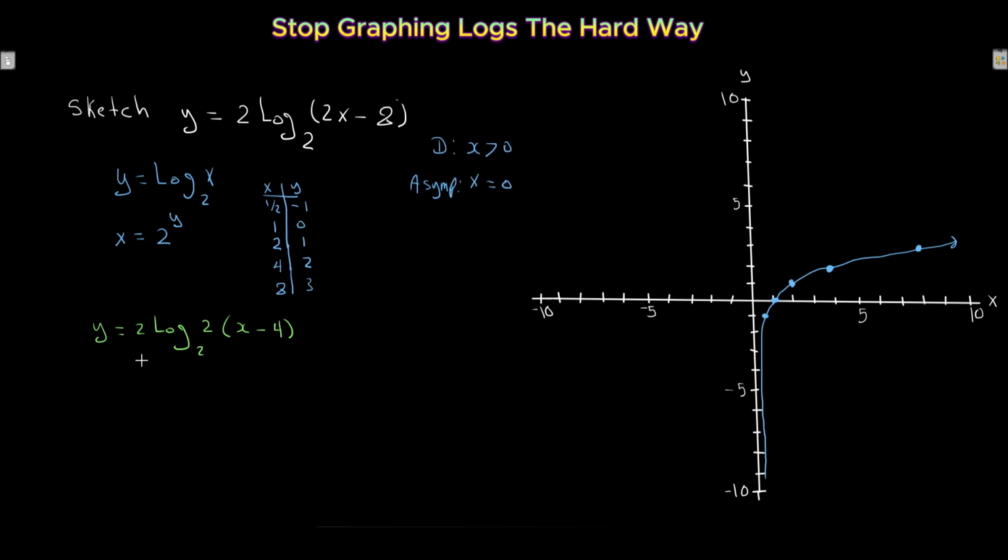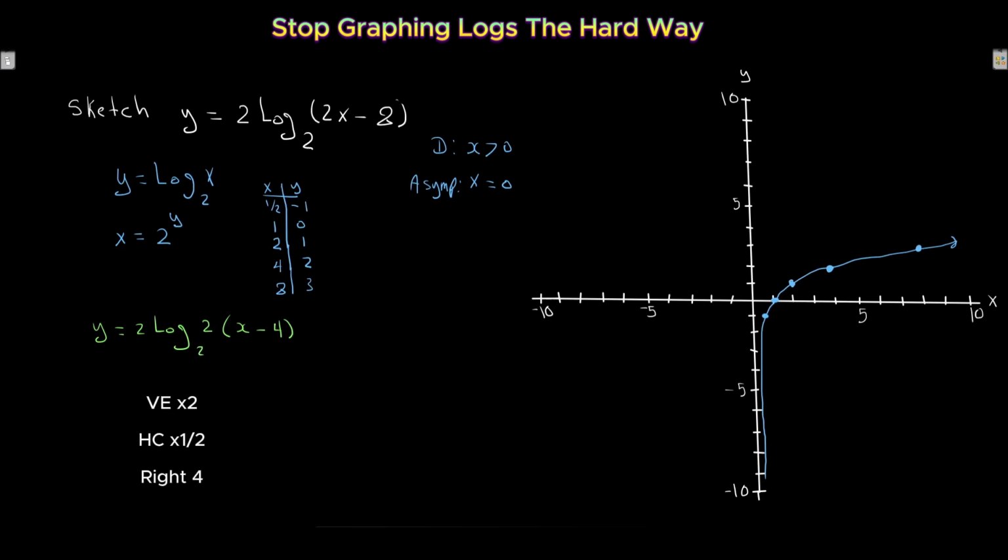Now, what's happening to this equation compared to this equation? We have a 2 in front here. This indicates vertical expansion by 2, which means you multiply the y value by 2. And then you have the 2 here, and that indicates horizontal compression by 1/2, which means you multiply the x value by 1/2 because it's horizontal. And then we have the graph moving 4 to the right because of the x minus 4.